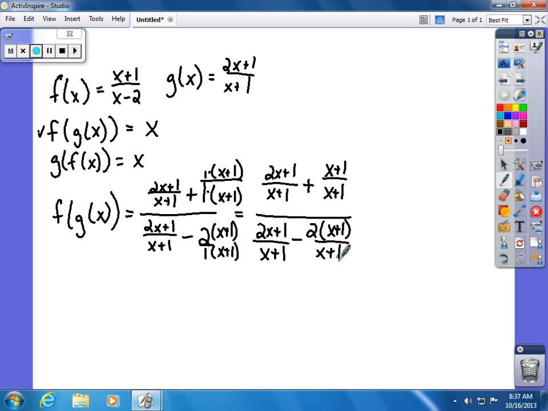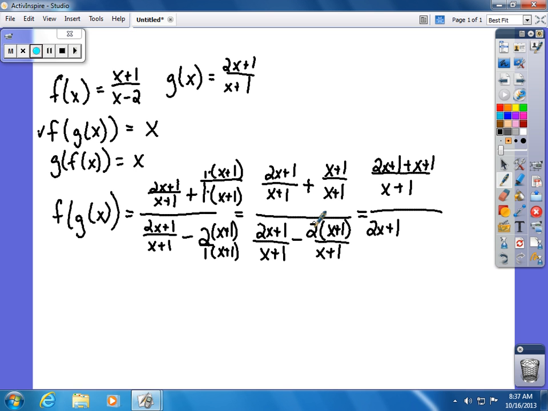And now I can combine things together, right? So if I combine the stuff in the numerator, when you have a common denominator, you just add the stuff in the numerators and the denominator stays the same. So we would have 2x plus 1 plus x plus 1 all over x plus 1. If I do the same thing down in the bottom, I have 2x plus 1.